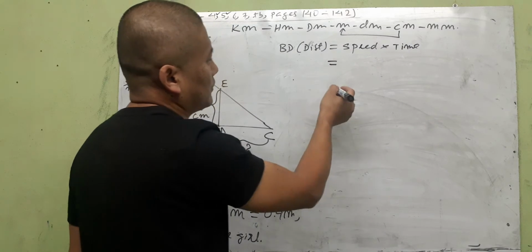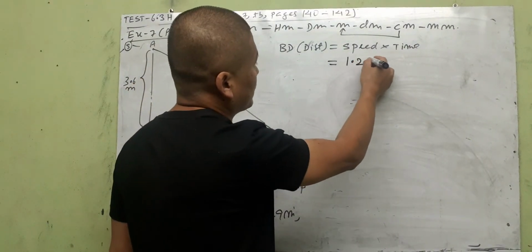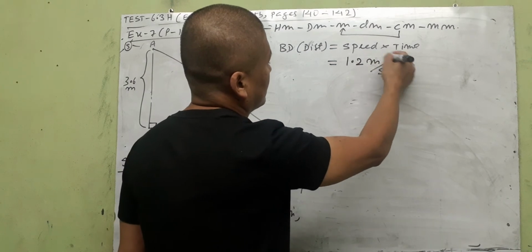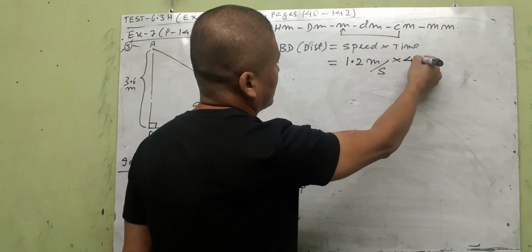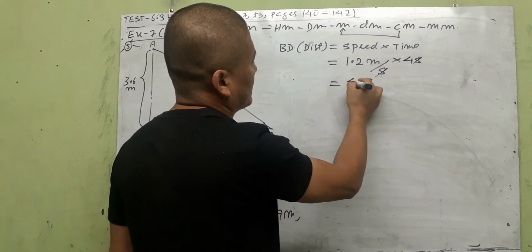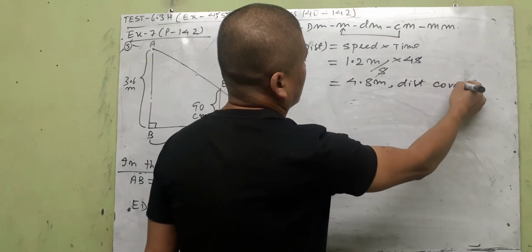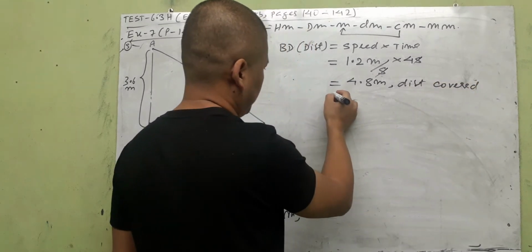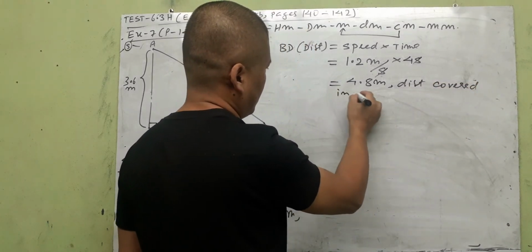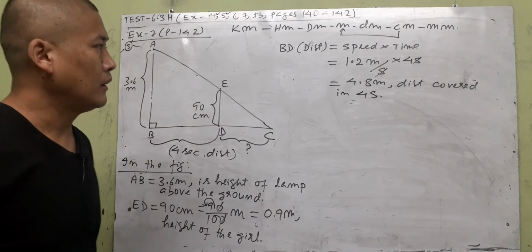So that will be equal to speed, go to your question. She is running at the speed of 1.2 meter per second, and the total time walking is 4 seconds. So this will be 4 2s are 8, 4 1s are 4, 4.8 meter. Distance covered in 4 seconds, starting from the base B to here.